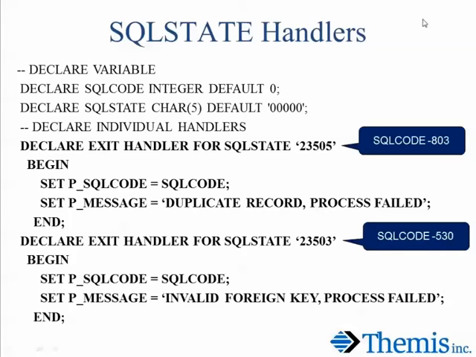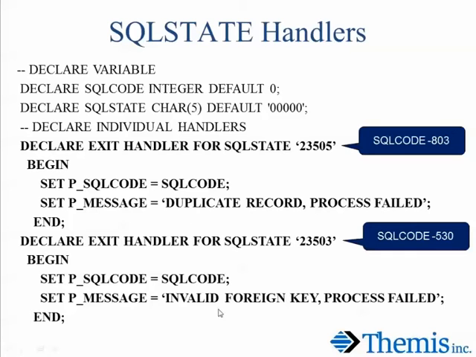Now, when you're looking at specific SQL states, for example, you may want to handle your negative 803s and have a generic scenario where we test for the SQL state and we'll return a reasonable message to the user. We'll pass back the SQL code, the negative 803, will pass back the message, a duplicate record, processing failed, so that they know they attempted to insert a duplicate record.